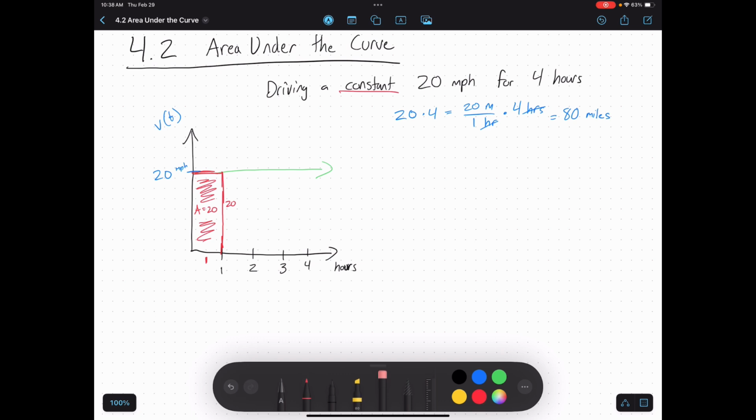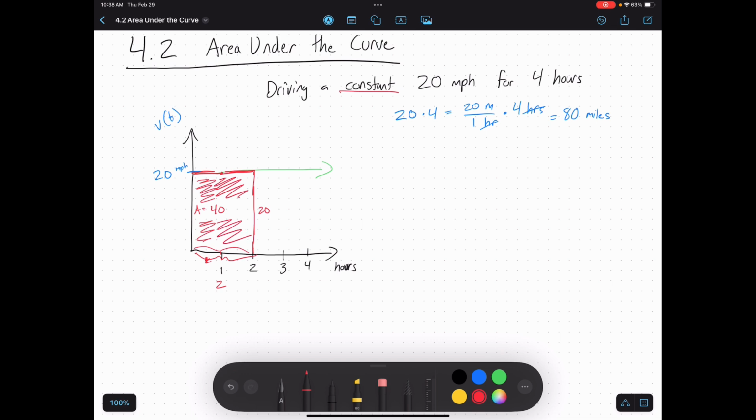Well, let's expand this rectangle. Let's make it a little bit bigger. Okay? Let's expand this rectangle to the 2. This rectangle still has a height of 20, but now has a width of 2, right? Because 1, 2. What's my area? My area under my function is now 40.